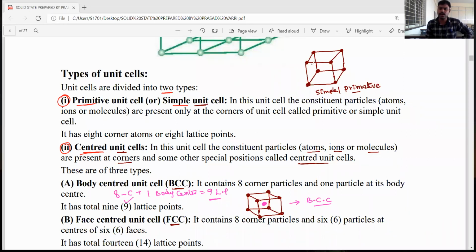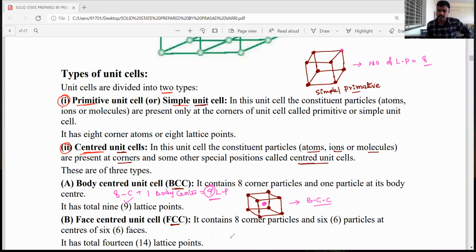Whereas in simple cubic, how many lattice points are present? The number of lattice points is equal to 8 corners only. The atoms or particles are present at corners only, that is equal to 8. In body center, a total of 9 lattice points are present.